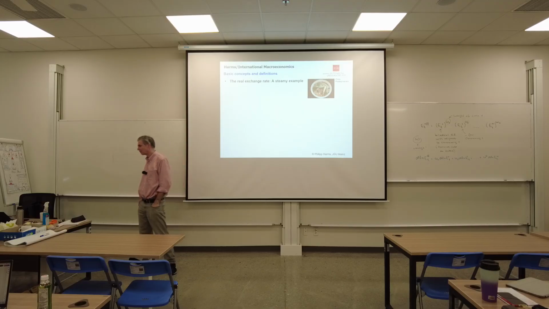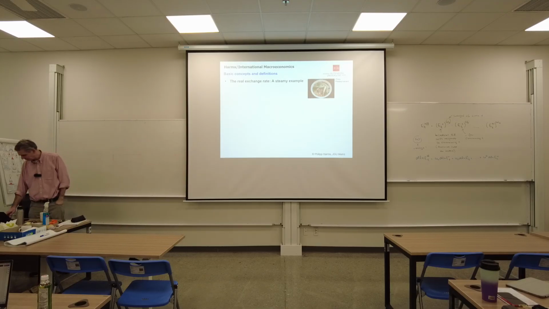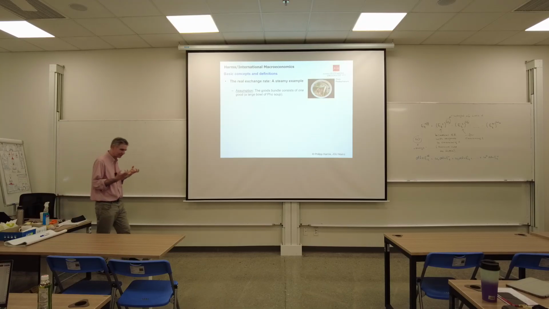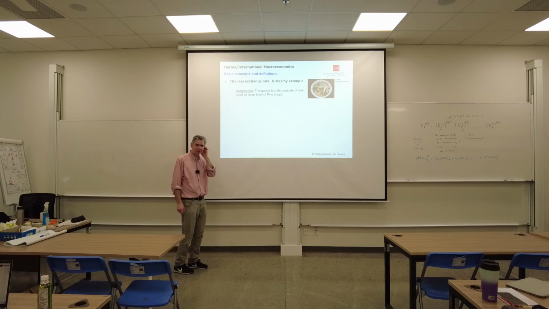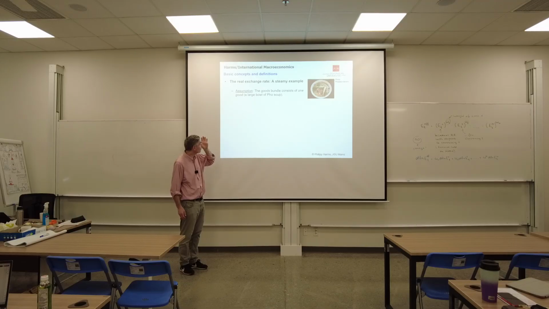Now, suppose you are planning to go to Germany. And well, let me give you a very specific example for the real exchange rate. Suppose that the goods bundle consists of only one good, a large bowl of phao soup.